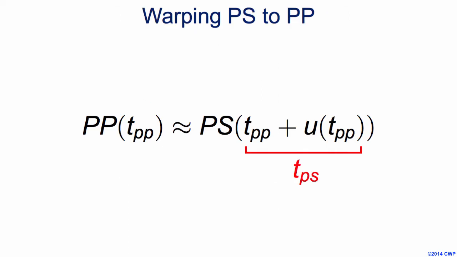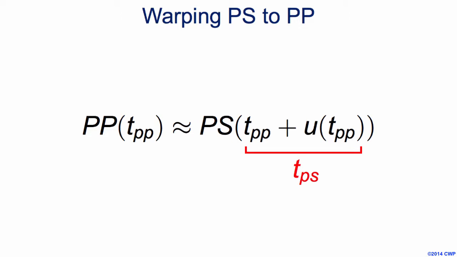And the relationship between the two images is given by what we call the shifts, the U, and from those shifts, which are a function of PP time, we can easily get the PS time. So that's the model. And dynamic warping is a way of producing a sequence of shifts as a function of PP time. So that's the U function.